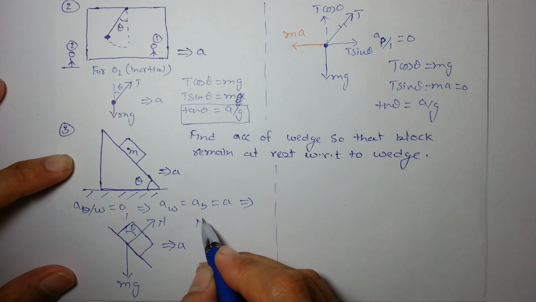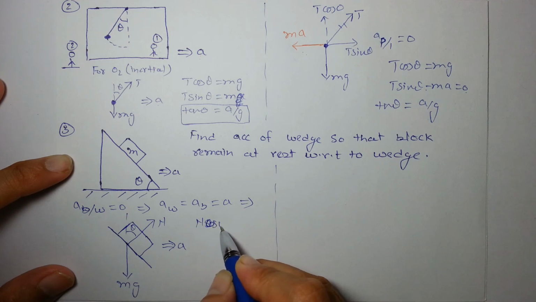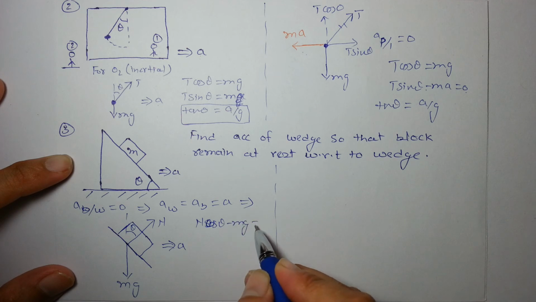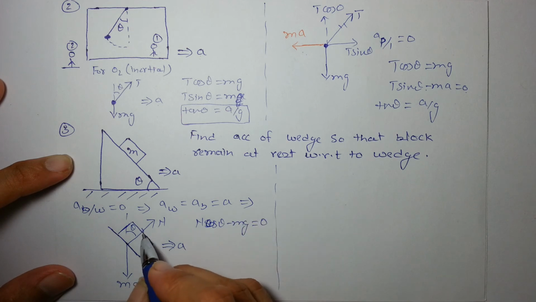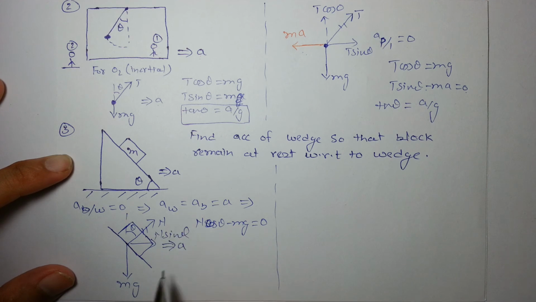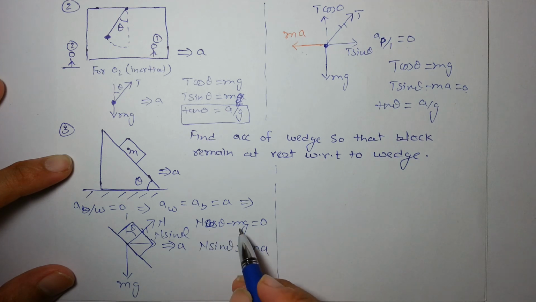Again I can say that N cos theta balances mg, and the remaining force, N sin theta, will give the required acceleration ma. So N cos theta equals mg, N sin theta equals ma, so tan theta is nothing but a by g.